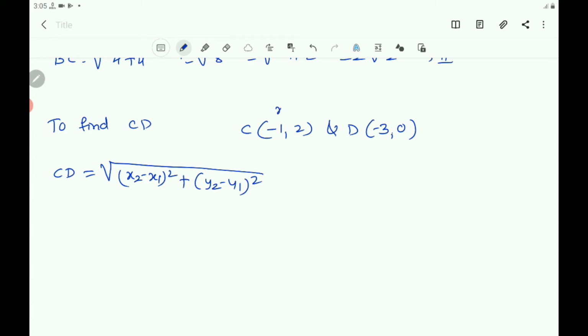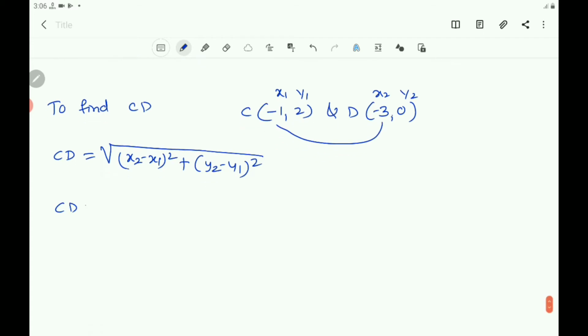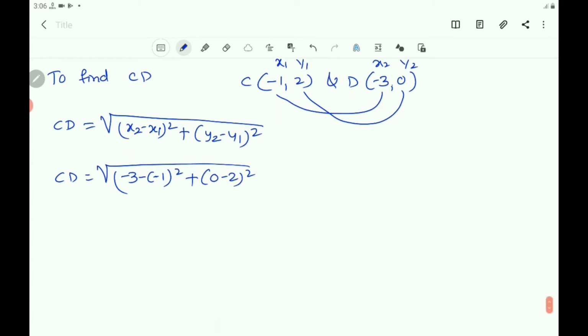Now x1, y1, this is x2, y2, then x2 minus x1. So CD equals square root of x2 is minus 3 minus of minus 1 whole square, then plus 0 minus 2, 0 minus 2 whole square.